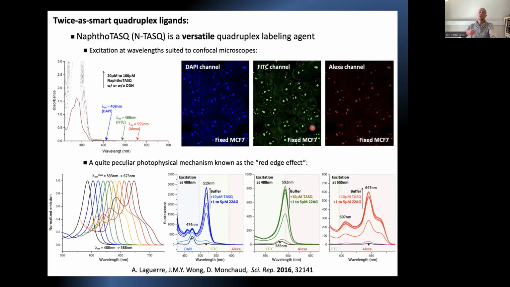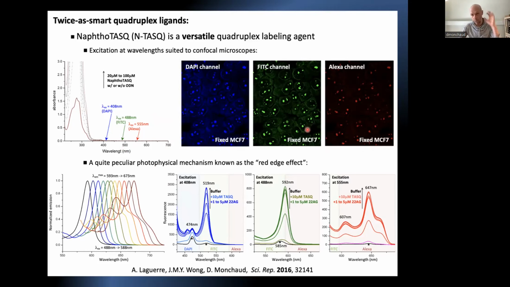And this led us to discover that NAFTA task is not a classical fluorophore, but especially in cells that are fixed and mounted for the confocal imaging, it behaves as a red edge fluorophore. So the red edge fluorescence has been well known for quite a long time, but it was not described, at least not in a biological medium.